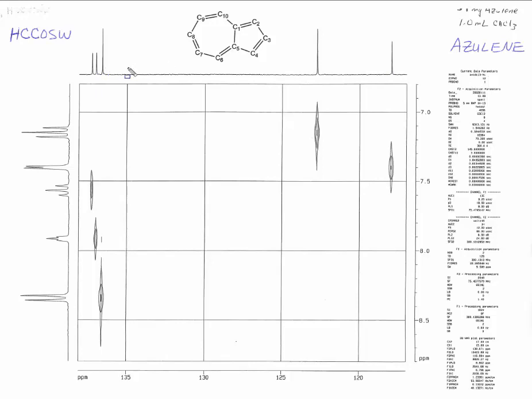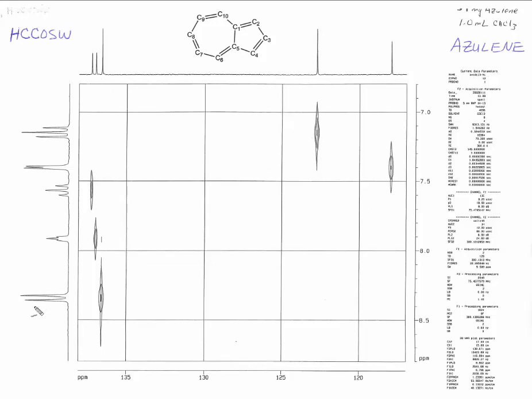Only 5 because this type of 2D spectrum will only show carbons that have hydrogens attached. So it's a simple matter now of matching up. Each of these regions here shows us how to match up and get the assignments for the carbons.